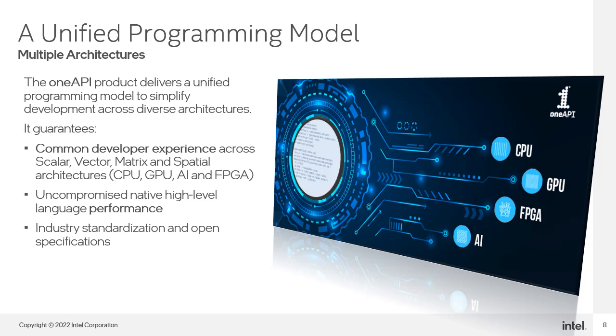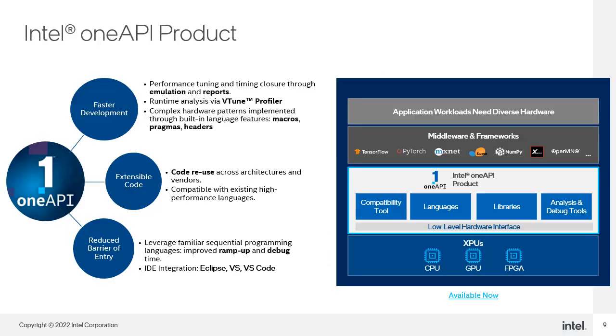This product provides a common developer experience across scalar, vector, matrix, and spatial architectures, which are deployed in CPUs, GPUs, AI, and FPGA devices respectively. It also guarantees uncompromised native high-level language performance with industry standardization and open specifications.